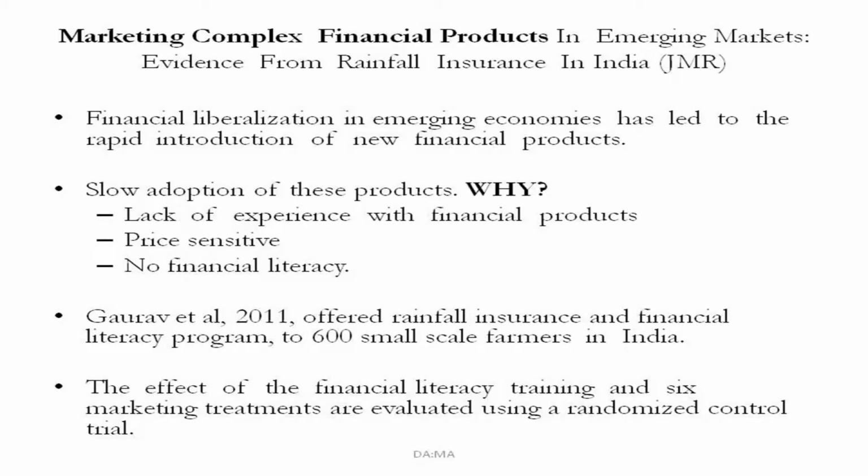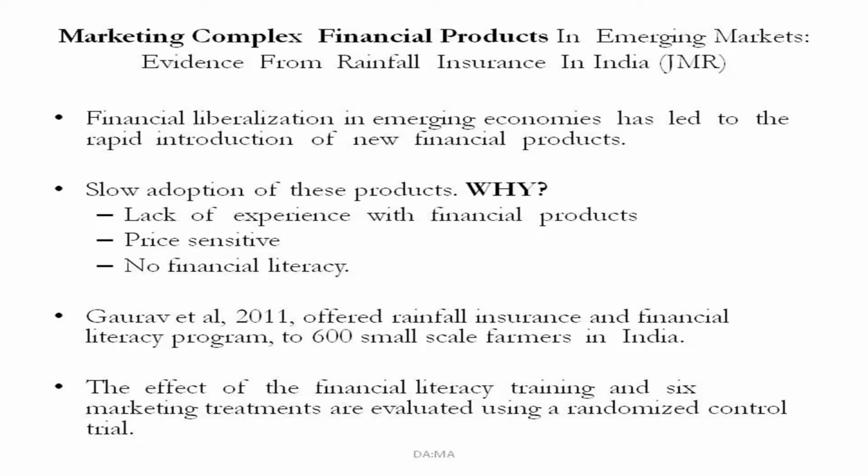Hence, you need to do an empirical study to understand which of these theories is at play. So, in this paper that we are discussing, Gaurav et al. 2011, which was published in JMR, the Journal of Marketing Research, they offer rainfall insurance and a financial literacy program to about 600 small scale farmers in India.